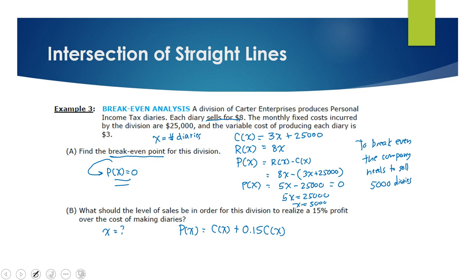So I want it to be 15% higher than that. So I want to see where my profit, 5x minus 25,000, would equal 1.15 times (3x plus 25,000).